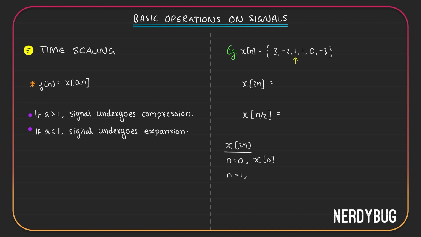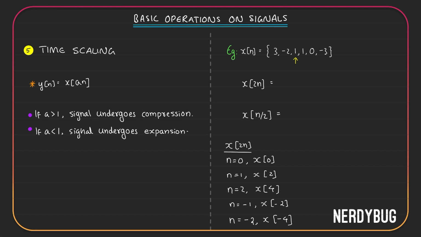At n equals 1, I get x of 2 times 1, x of 2. At n equals 2, I get x of 4. On the other side, at n equals minus 1, I get x of minus 2. At n equals minus 2, I get x of minus 4.